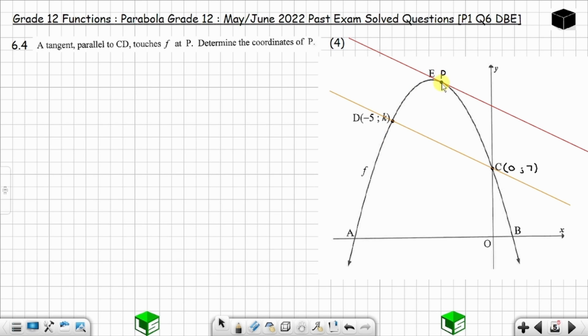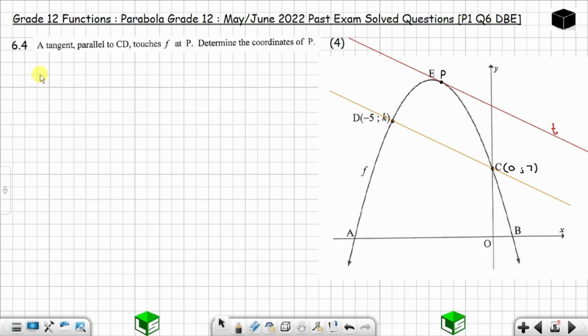The point is P. Let's call it T, T for tangent. So this is the tangent. It's touching the graph of f at one point, and the point is known as P. Now the question is to find or to determine the coordinate of the point of contact, which is P. We need to determine the coordinate of that point.